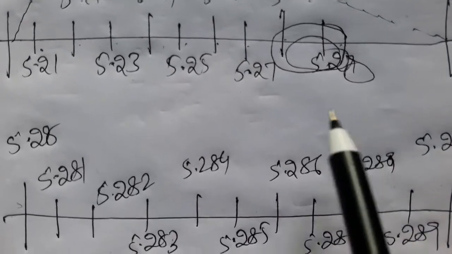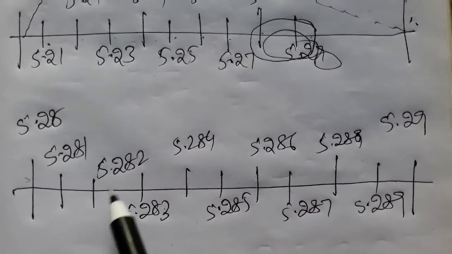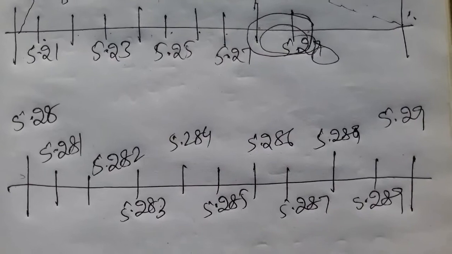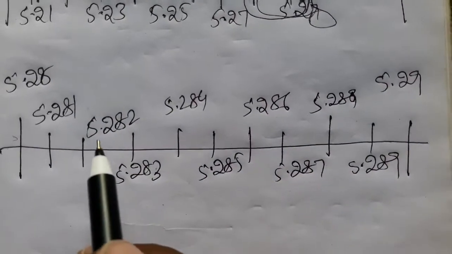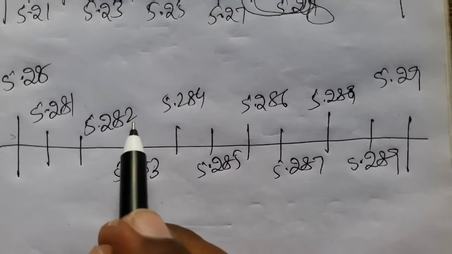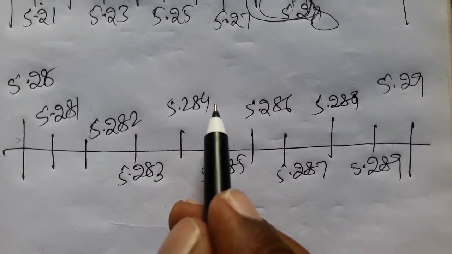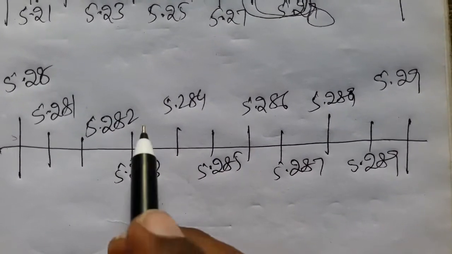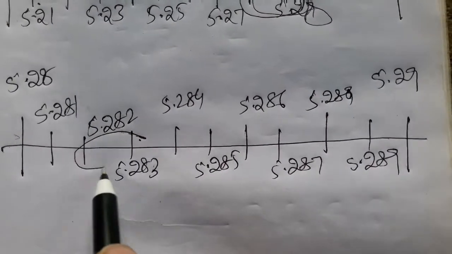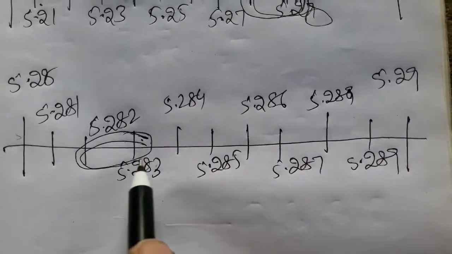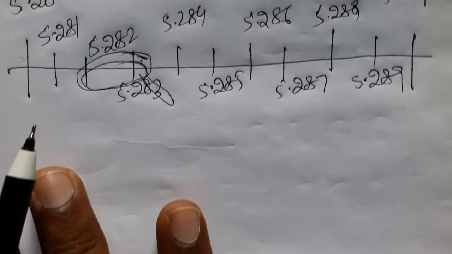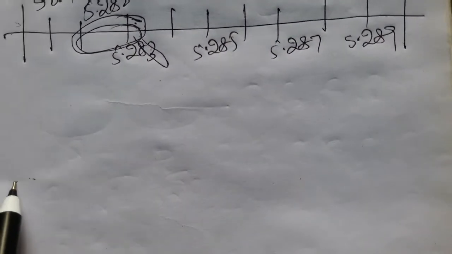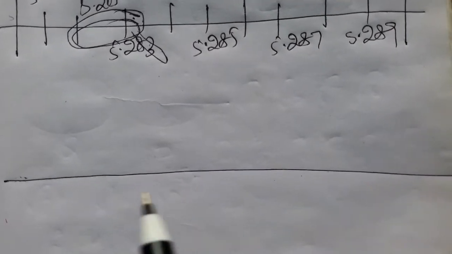So we want 5.282828, like that, a repeating number, isn't it? So 5.282 here and 5.283 here, so that is exactly in between these two. Now take these two numbers, once again draw a line.